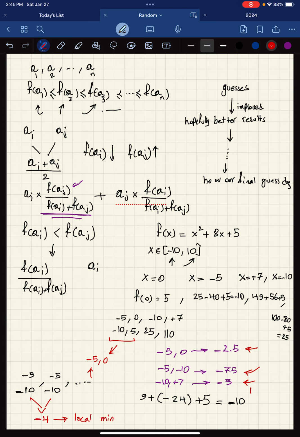And this just shows that hopefully this algorithm, after several iterations, is going to get a result that we need, or at least a really good answer that is quite close to the actual solution.